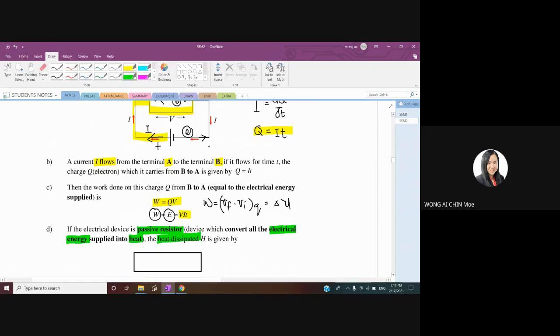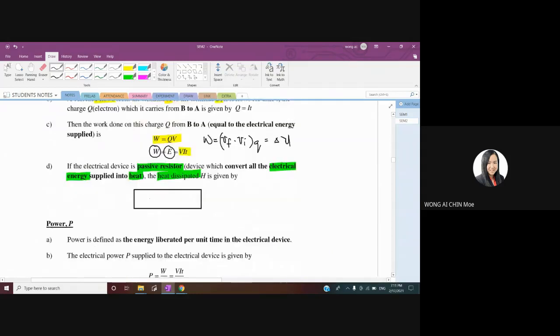So we can also write the heat dissipated in the electrical device, which equals our work done, the energy dissipated or energy loss, equals I V, but this V is the V for the resistor, meaning the resistor in the bulb or in our fan, the motor, times T. Or we can also write it as I squared R times T. Or we can also write it as V squared over R times T, where V is the potential difference across the electrical device.